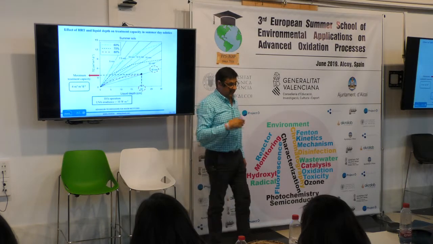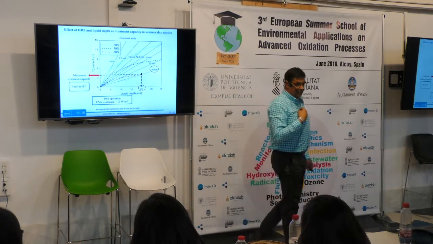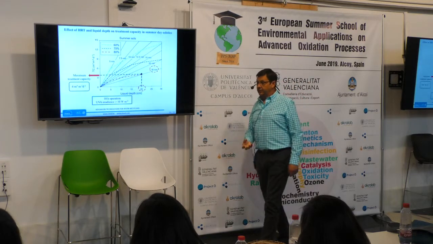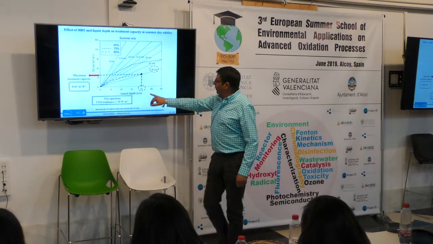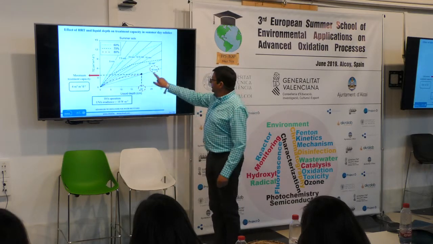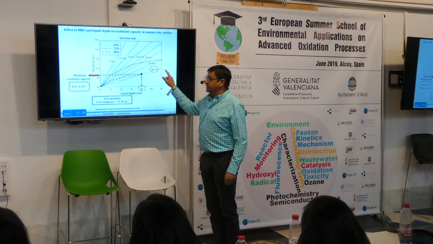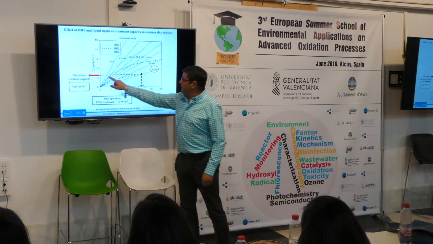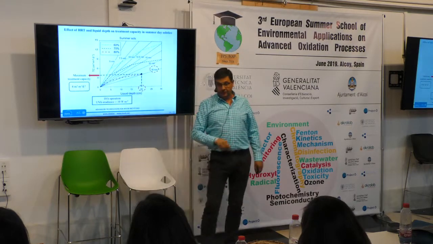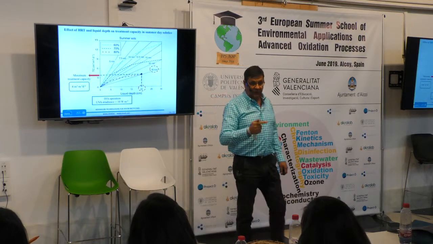In the case that our objective is the removal of 80% of the micropollutants present in the wastewater, we can work with a liquid depth of 20 centimeters, with 30 minutes of residence time, and we reach a maximum treatment capacity of 4 cubic meters per square meter per day.